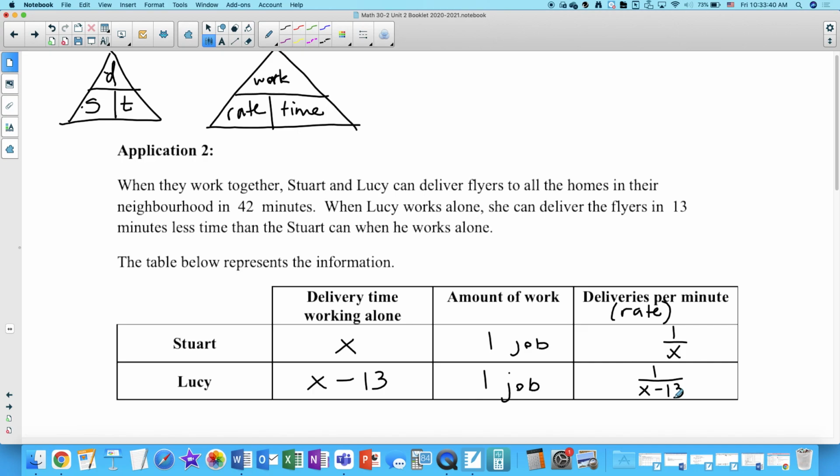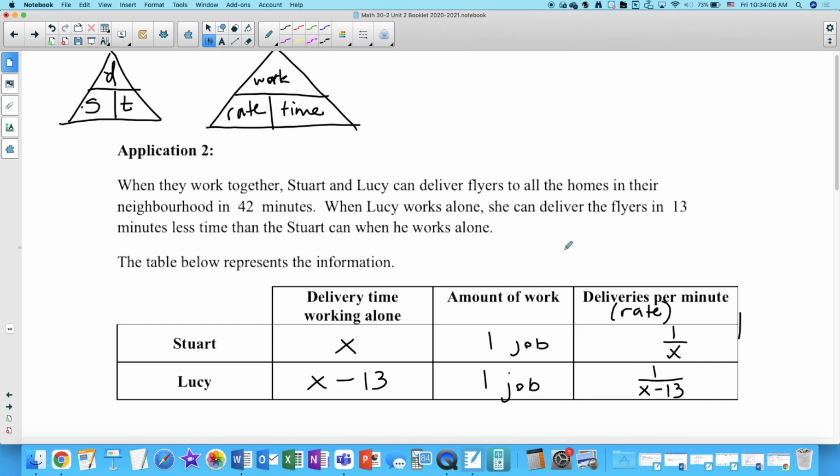Let's say that you complete one math test in 60 minutes. Your rate per minute is 1/60th of the test per minute. Does that make sense? So over the course of 60 minutes, you do 60/60ths of the test, which is the entire test. Okay, so that's where this 1 over x comes in.